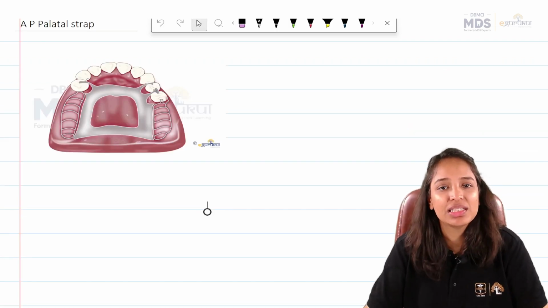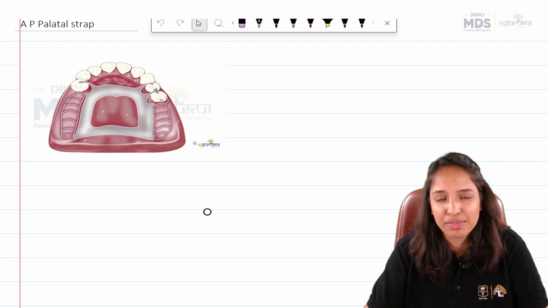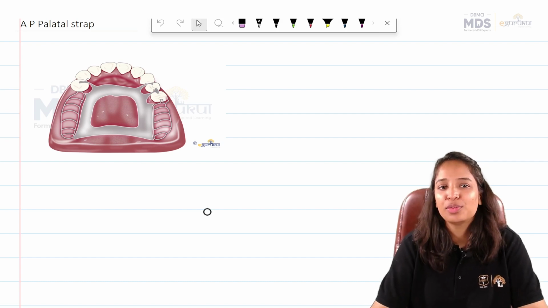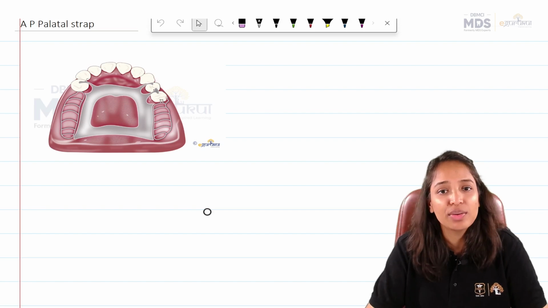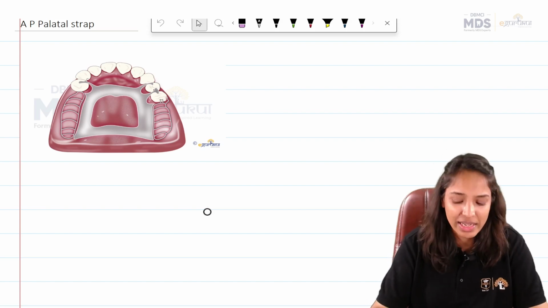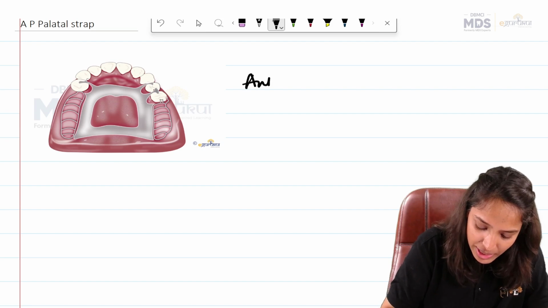Now let us discuss the fourth design of your maxillary major connector, which is called antero-posterior palatal strap. Very similar to antero-posterior palatal bar, instead of the bar, you will now have a strap. Again, like I discussed previously, it will have two components, an anterior strap and a posterior strap.